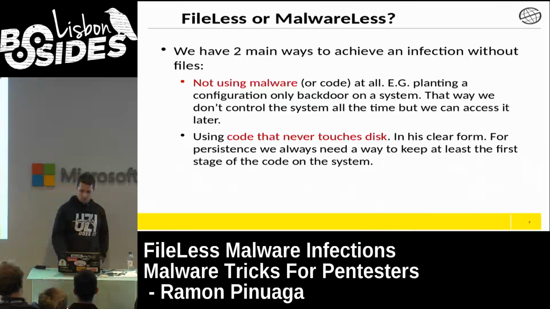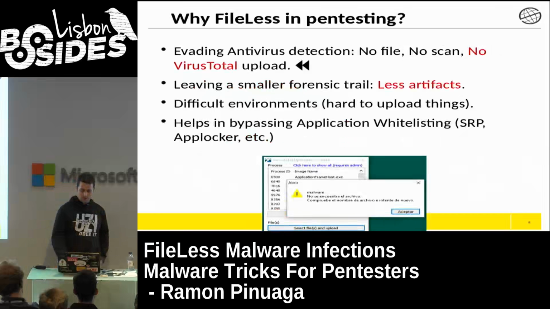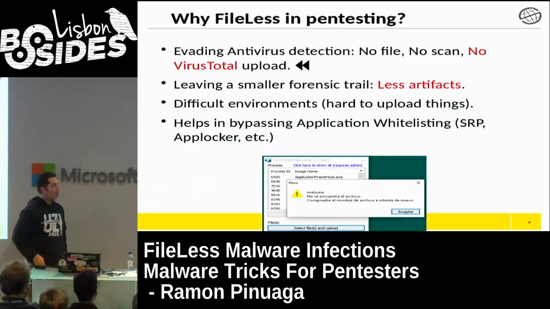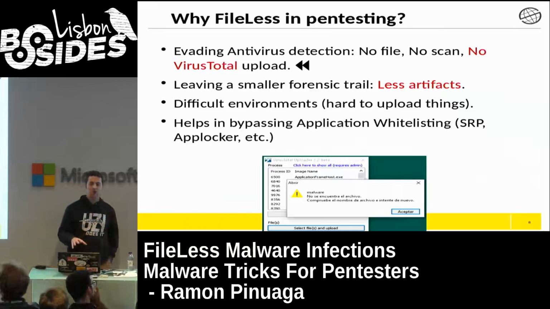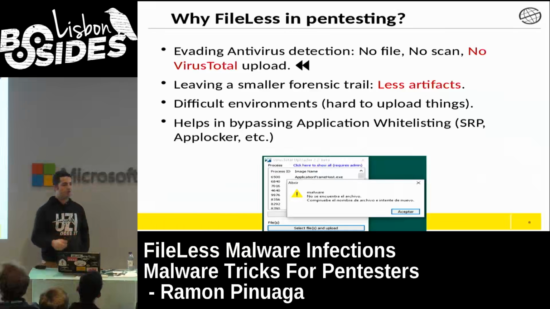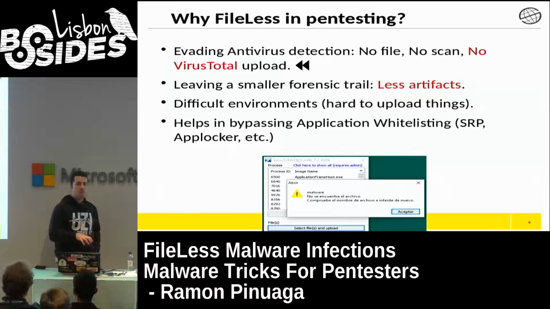So we have two different types of techniques. Every day we see more of this kind of malware, and this is because security tools are getting better. So malware tries to evolve to avoid detection, and that is why these kinds of techniques are interesting in pen testing.